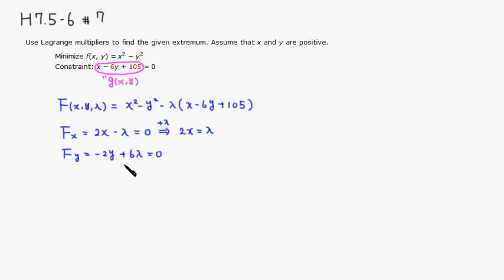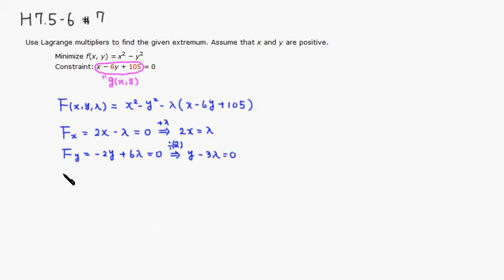Right? To make this a little bit simpler, I'm going to just divide through by negative 2. How about that? So it's going to be y minus 3 lambda is equal to 0.